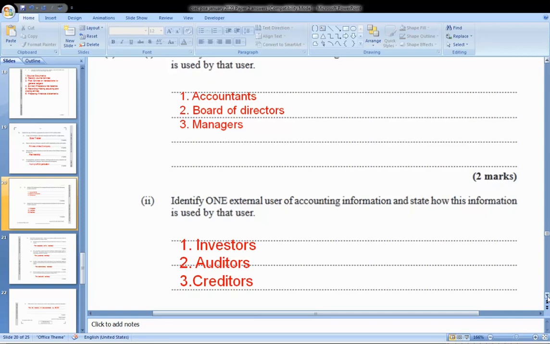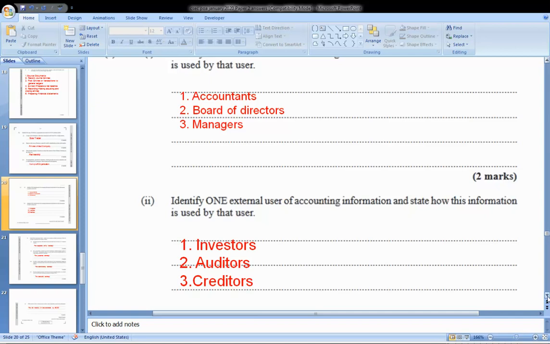The second part says, identify one external user of accounting information and state how this information is used by that user. So external users are like investors, auditors, creditors, and so on.